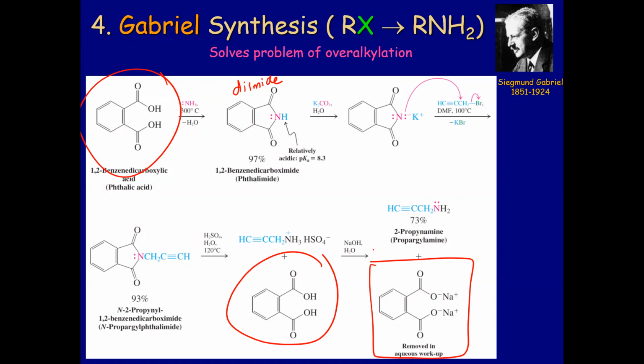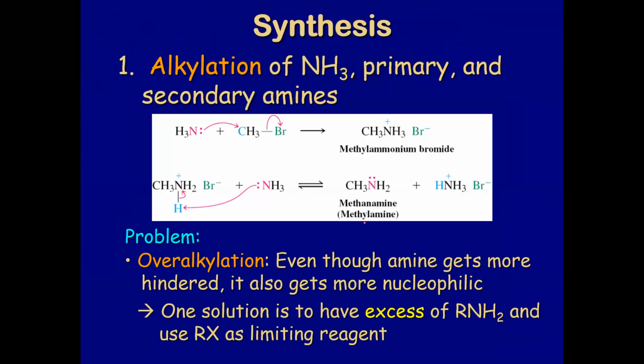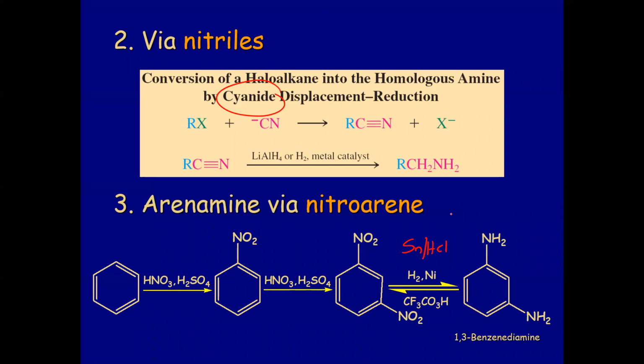And why do I prefer this over the others? So, alkylation, you have a problem that you can have over-alkylation. It's a very simple reaction, you just mix two things together, but you can have over-alkylation. So it's not going to be specific enough for most uses. Cyanide, it has a problem of using cyanide.